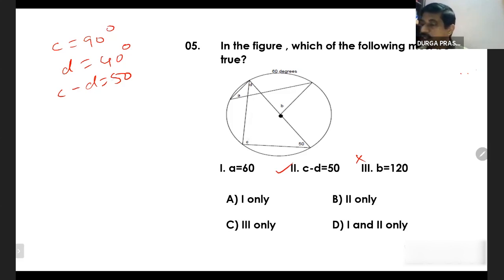C, we got it as 90. So A cannot be 60 because these two are vertically opposite angles. They should be equal. And an included angle should be less than 60.